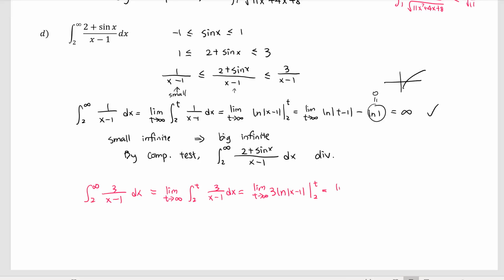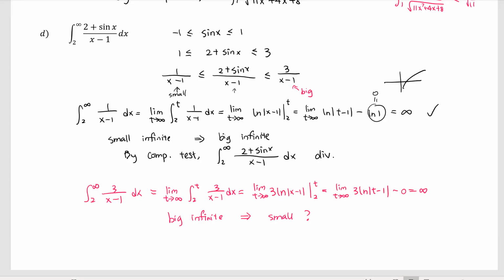When we plug in t, 3 ln of t minus 1, minus when we plug in 2, 2 minus 1 is 1, ln of 1 is 0. So this also goes to infinity. But the problem is, this is the big guy. If the big guy is infinite, what can we say about the small guy? Well, no conclusion.